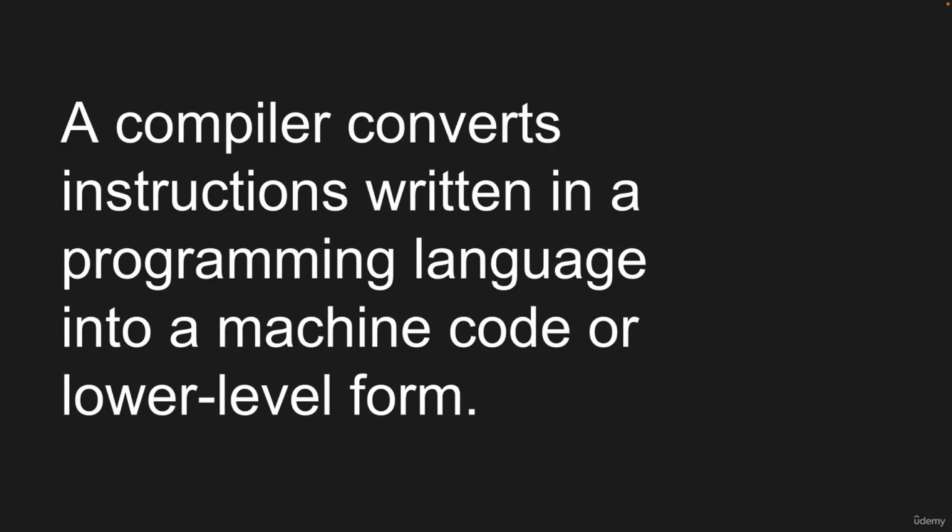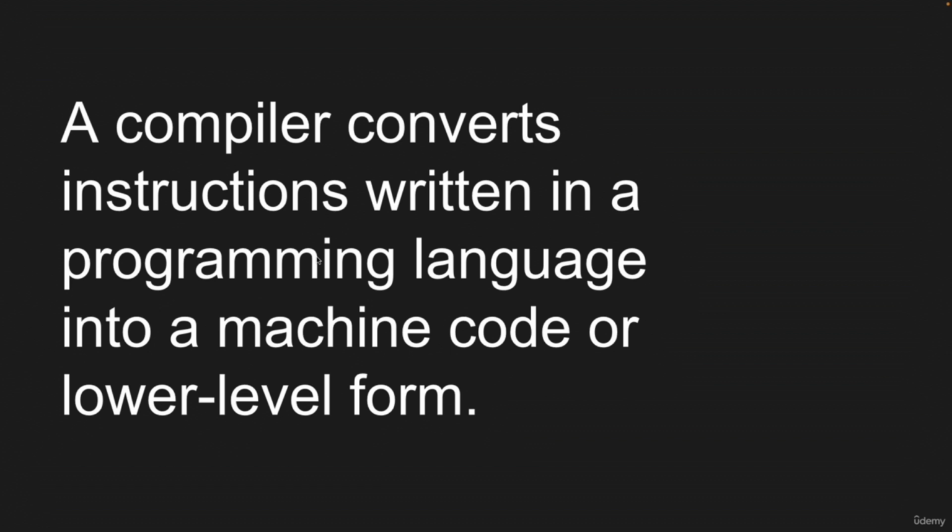A compiler converts the instructions written in a programming language into machine code or a lower level form. What a compiler does is convert that source code into machine code, like assembly or binary, which can be easily read by our computers, and then the computer can execute that binary or assembly code easily.